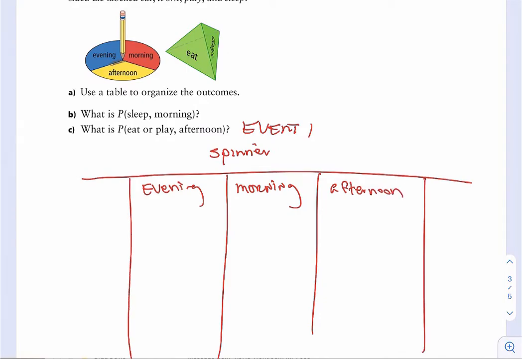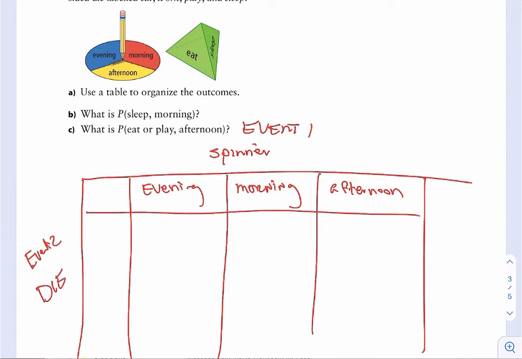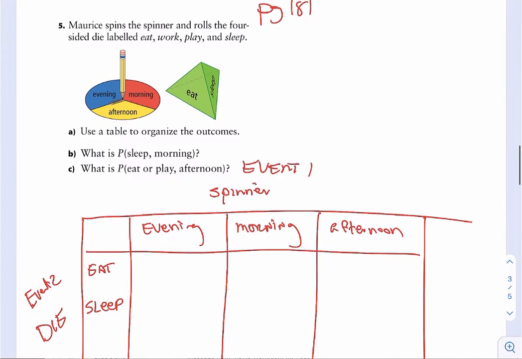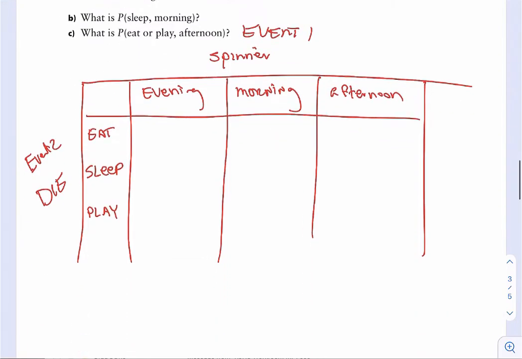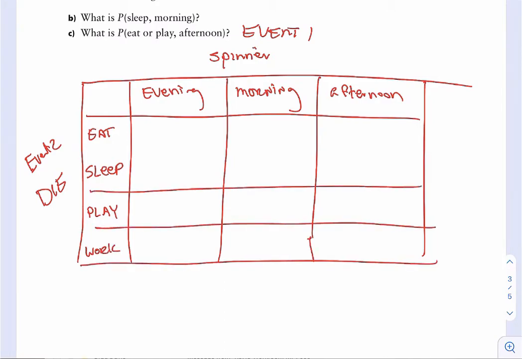Okay, and then on the die, event 2, we have, let me put that across there, we have eat, sleep, what else do we have? Play, and work. Okay, finish off our table here.